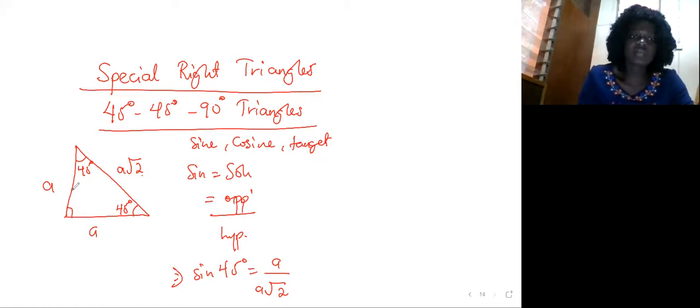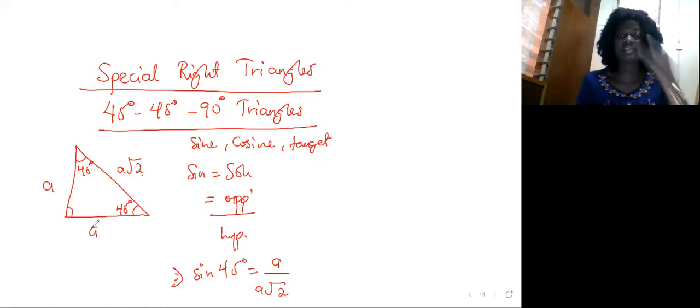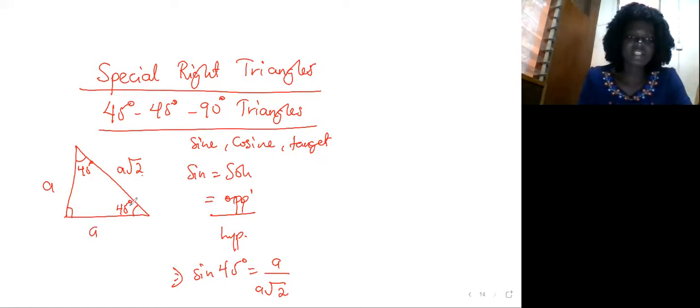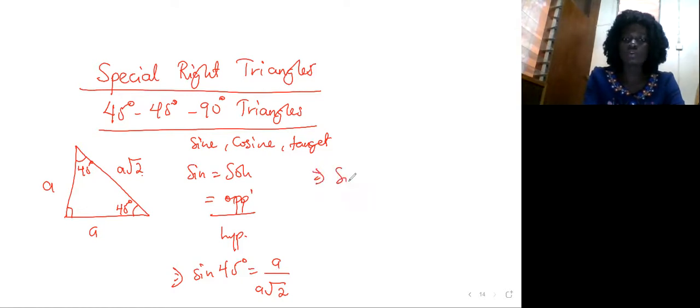If you pick the 45 from any side, you're going to get the same answer. 45 from this, the opposite will be A. 45 from this angle, the opposite will still be A. So opposite over hypotenuse, A over A root 2. Then you simplify it to give you: sine 45 degrees is equal to 1 over root 2.